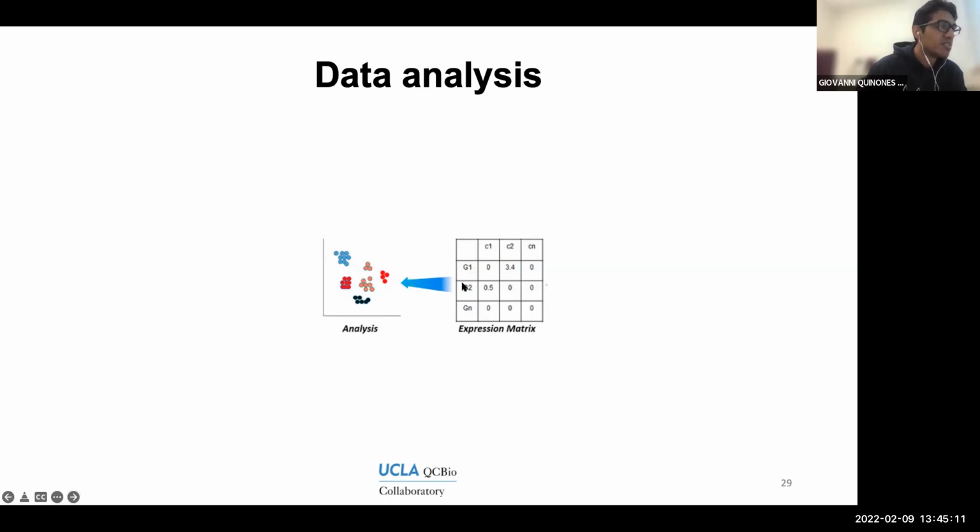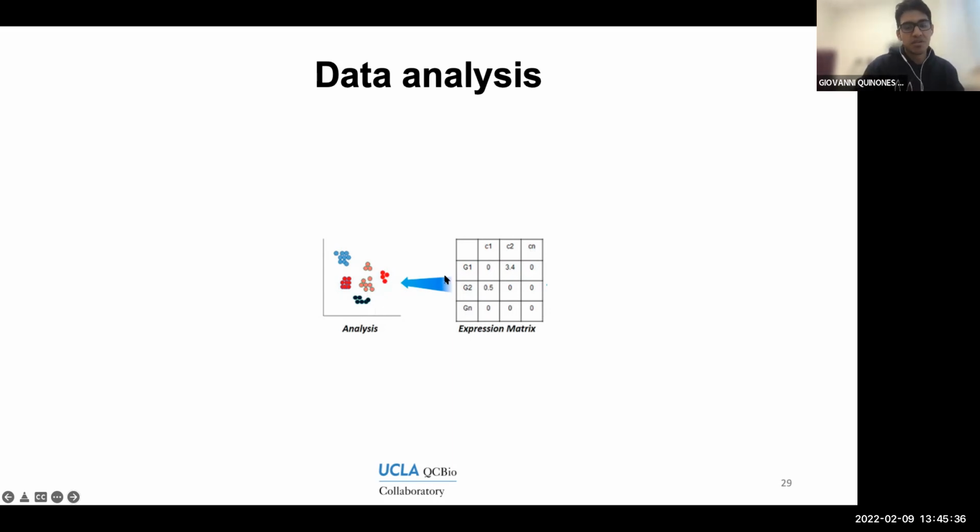You may remember these last 2 panels, which go from this expression matrix, the file I just showed, which contains all these zeros from many genes and different cells, into an actual analysis.